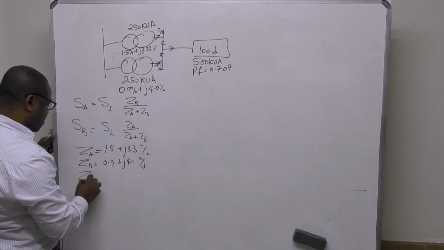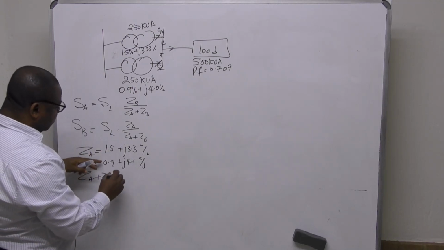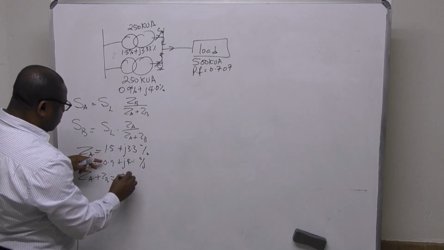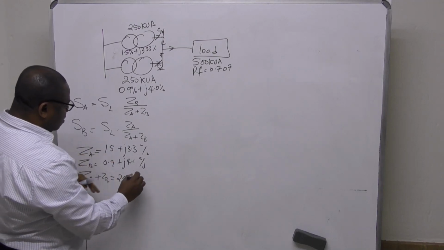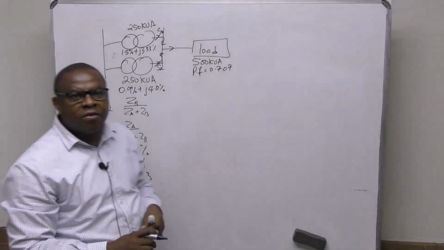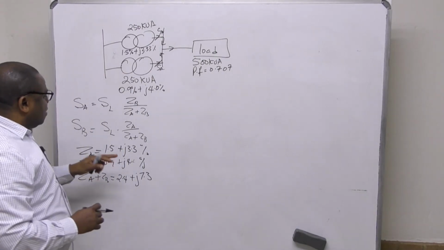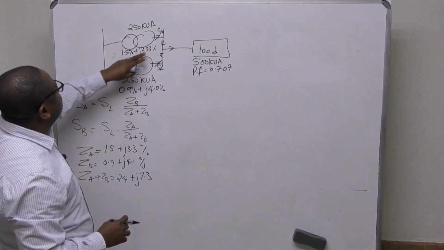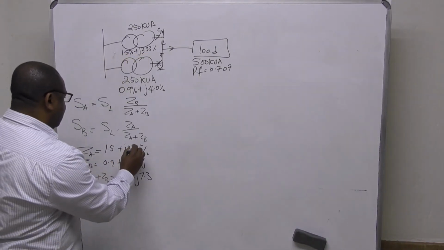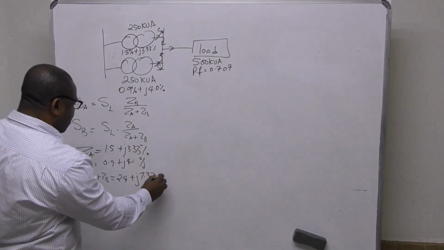Now ZA plus ZB, add them together, this is 2.4 plus j7.33. So this is 1.533, of which you can just check with me.